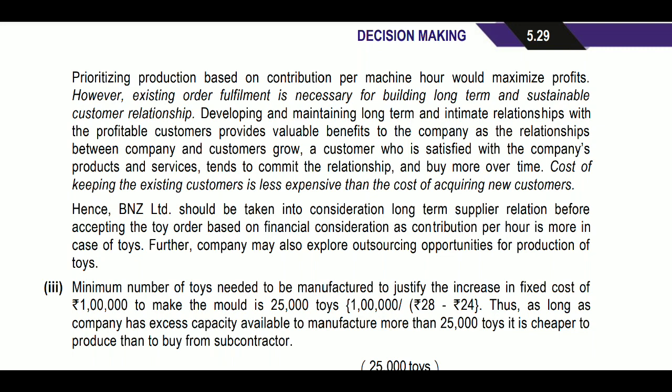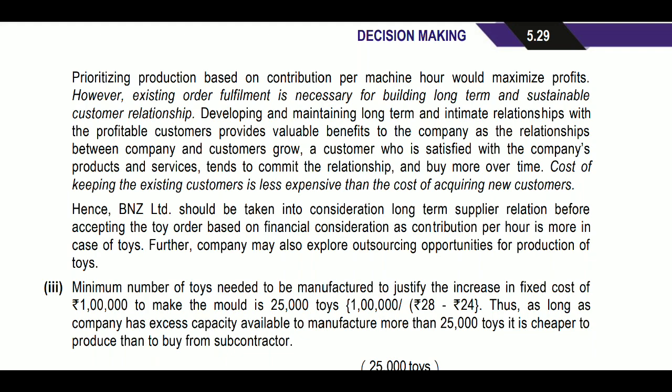If we are unable to provide the 4 lakh units the customer asked for, and instead go for the benefit by producing toys for another party, that customer will not be satisfied and will not come again to you. Satisfied customers tend to commit to the relationship and buy more over time.